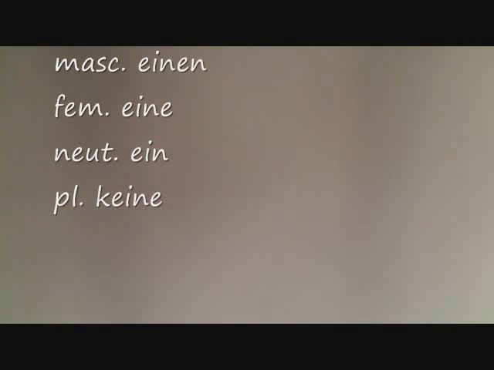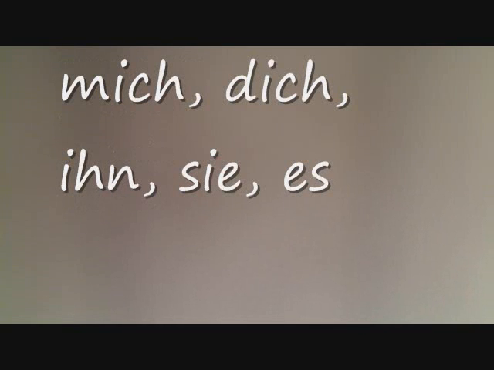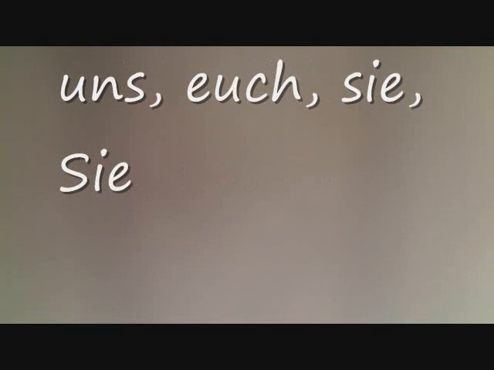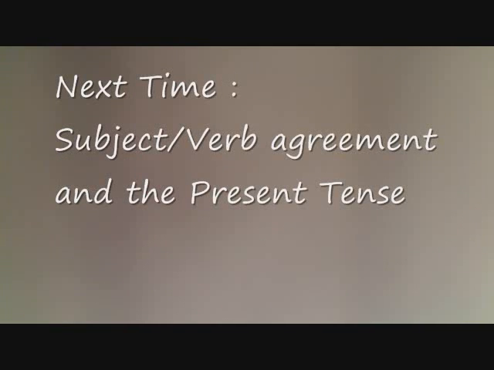The indefinite articles in the accusative case are einen for masculine, eine for feminine, ein for neuter, and keine for plurals. And your accusative pronouns are mich, dich, ihn, sie, es, uns, euch, sie, and Sie.